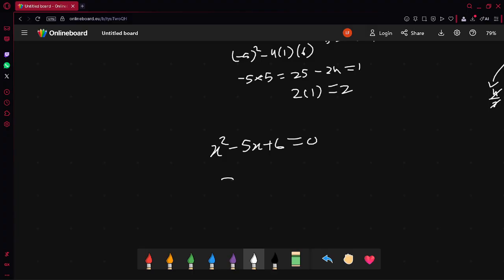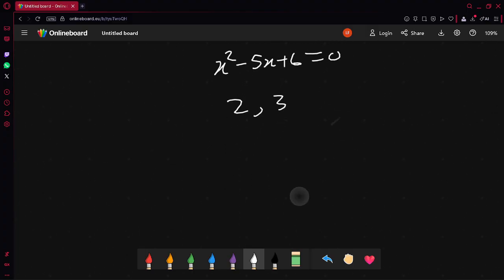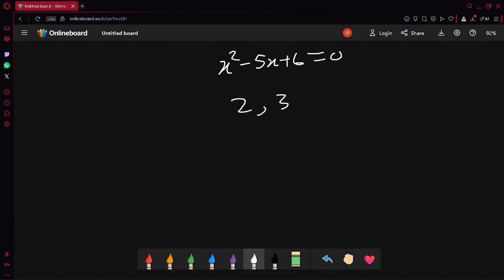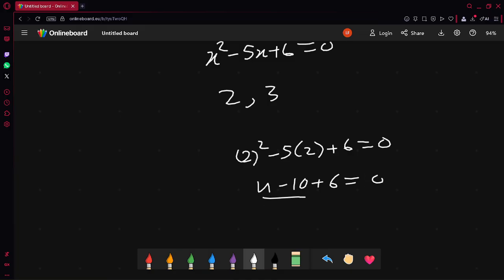The roots are 2 and 3, which means if you substitute 2 or 3 inside this equation, you'll get 0. Let's test it out. 2 squared minus 5 times 2 plus 6 equals 0. 4 minus 10 plus 6 equals 0. 4 minus 10 is -6 plus 6, which is 0.